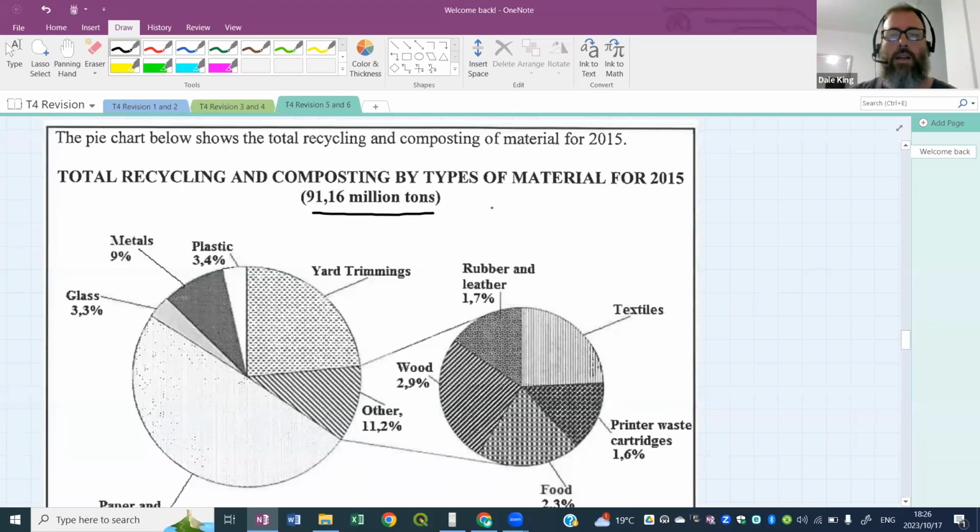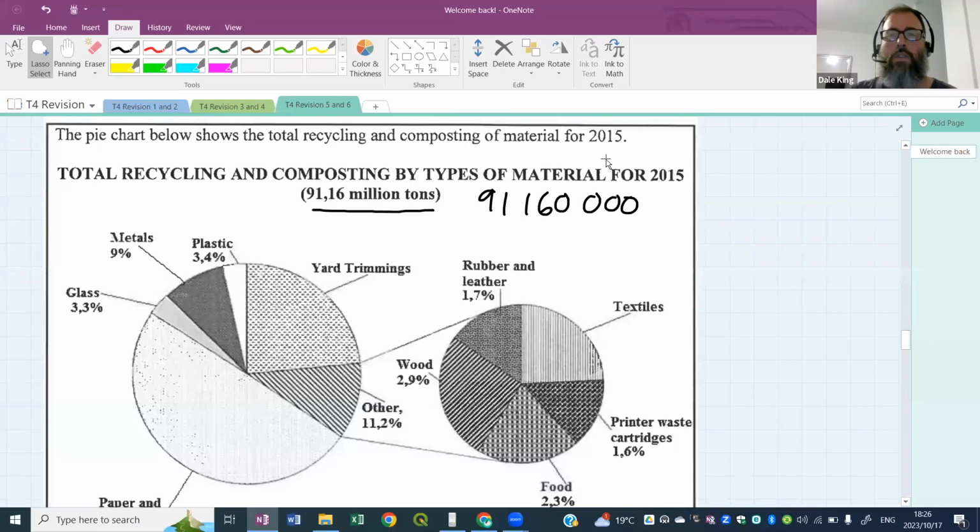So if I had to write that out, it would be 91,160,000. Let me just move these 3 over. Hope you guys see that. That 91.16 million looks like that. Okay. Sure, no problem.